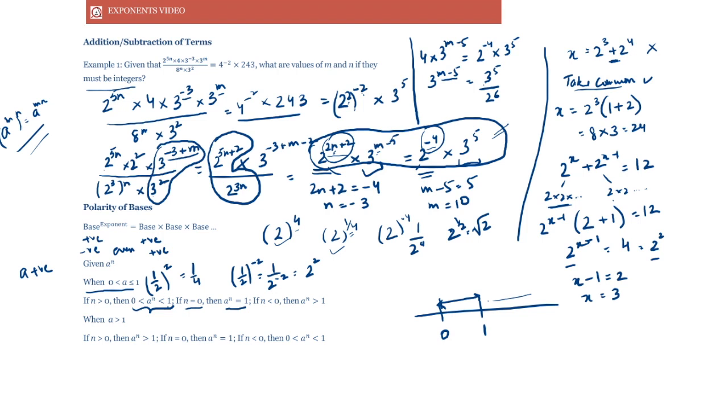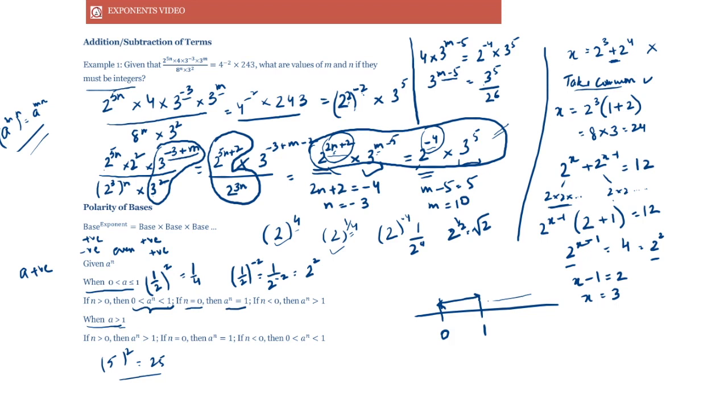Now, you don't have to learn this up. It is something you can easily derive in a question. Just be aware that these relations exist so that you know what to do. You know how to derive, right? Now, when A is greater than 1, that is when the base is greater than 1, let's say when A is 5, if n is greater than 0, let's say 2, then A to the power n stays greater than 1.